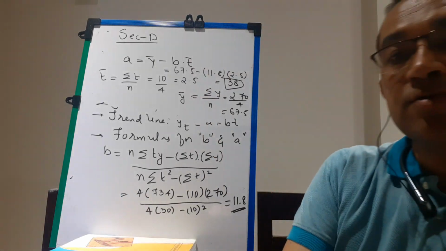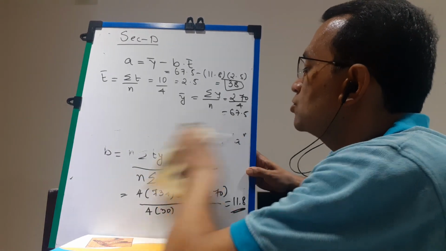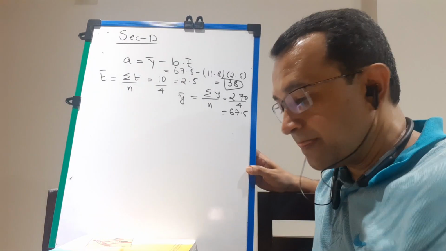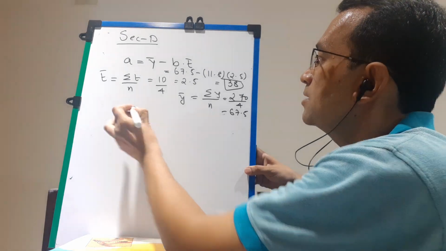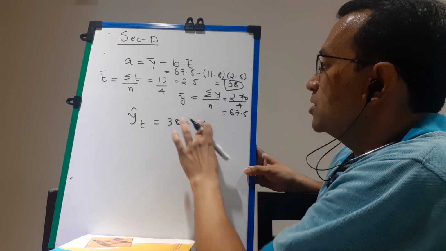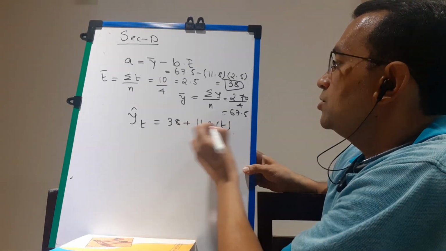And students, substituting the values of a and b in the trend line, we get the trend line equation as yt cap is equal to a plus b, students, b is 11.8 into t.